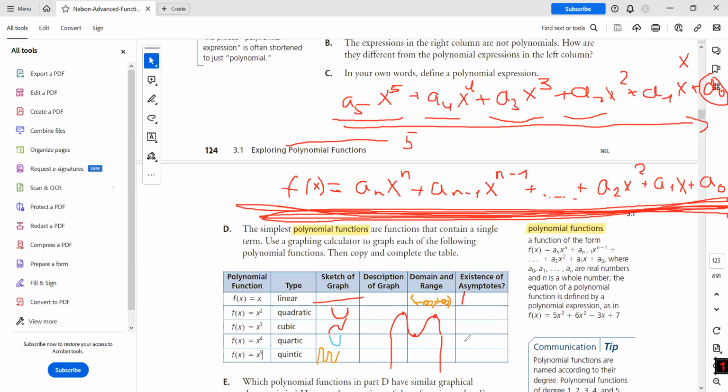If it would be facing upwards, it would look like this. So it would have 1 maximum and 2 minimum values, as well as end behavior facing positive infinity on both ends. Because remember, even degree polynomial functions have the same end behavior. For odd degree, you can see somebody sketched the cubic and it's right.